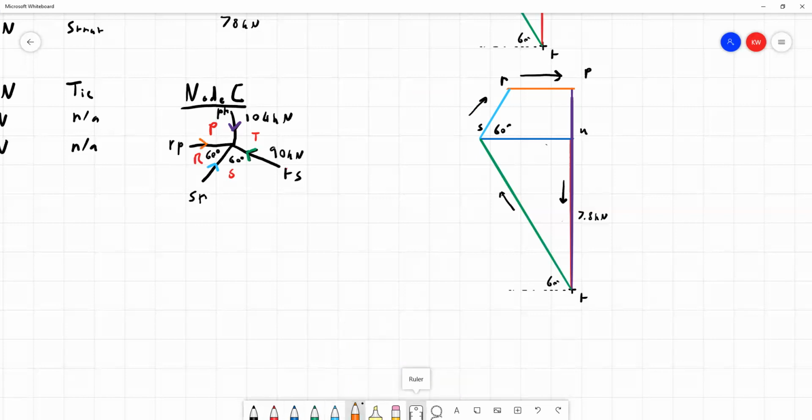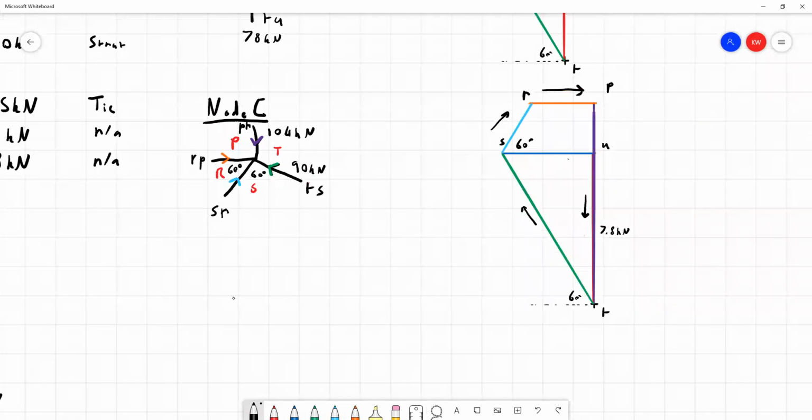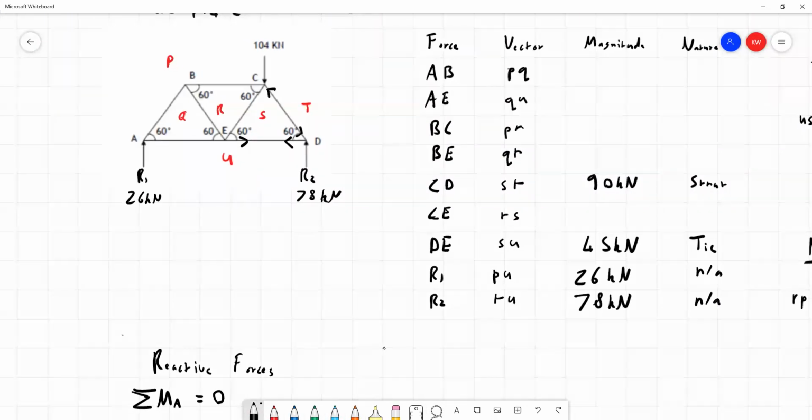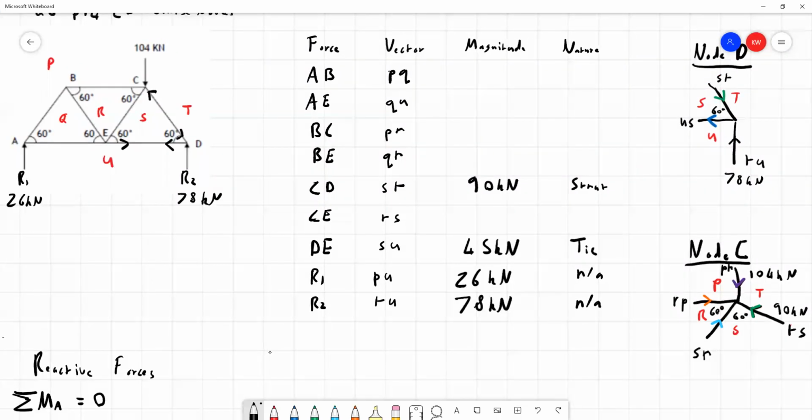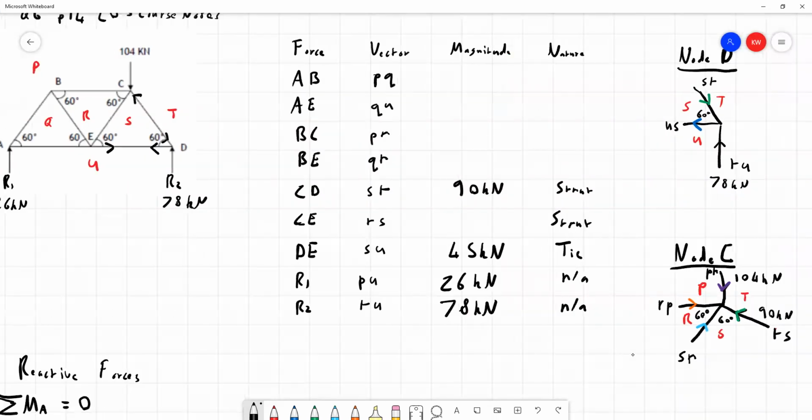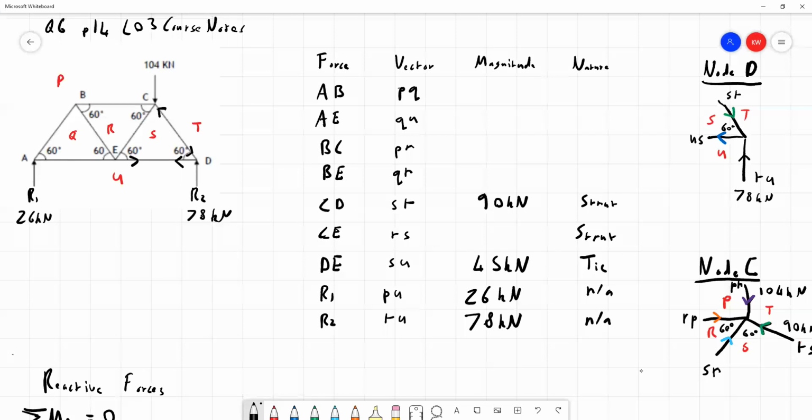So let's take this information about the nature back to our table before we start measuring. So if we remember, SR represents the member CE. So we've worked out here that CE is a strut. And our other vector, which if we remember is called RP, that represents the member BC.